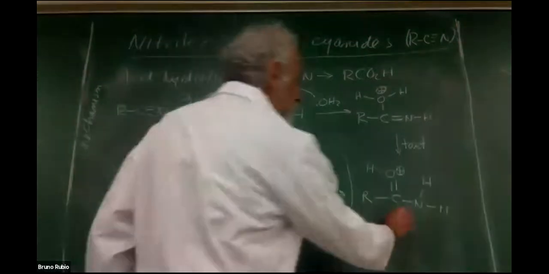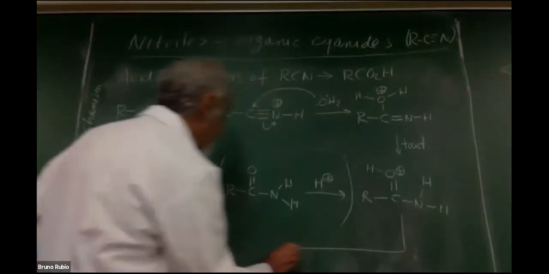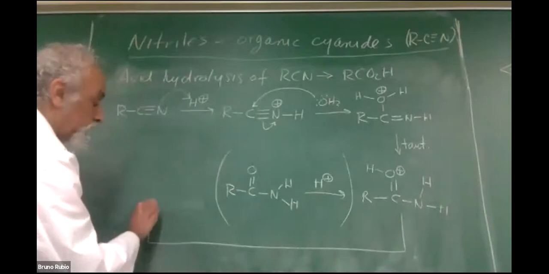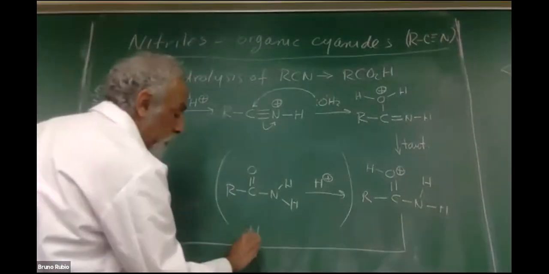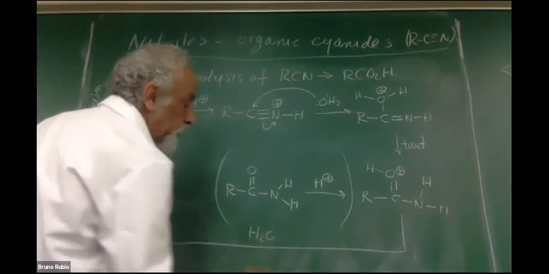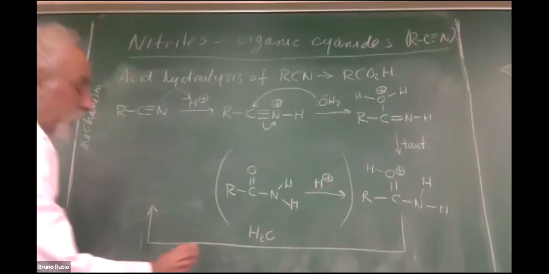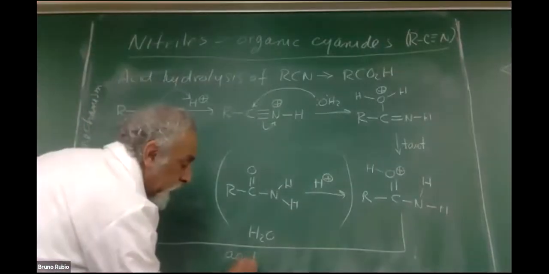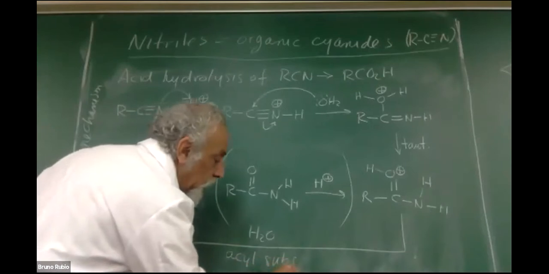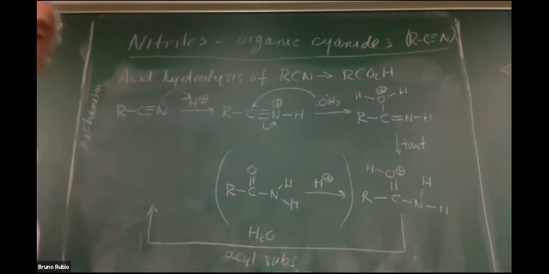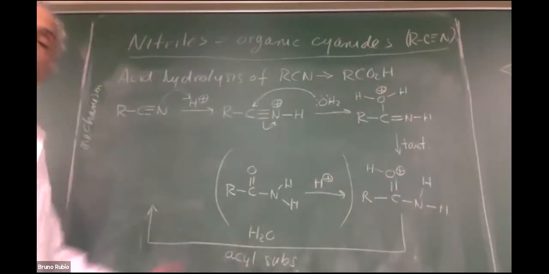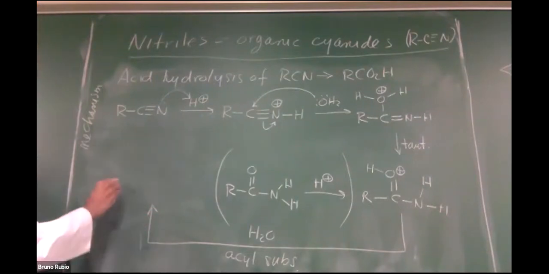Okay, and so now this guy, he's going to react with another molecule of water, and this is just acyl substitution. Not going to go through the mechanism because we've done that plenty of times before. It's just acyl substitution.